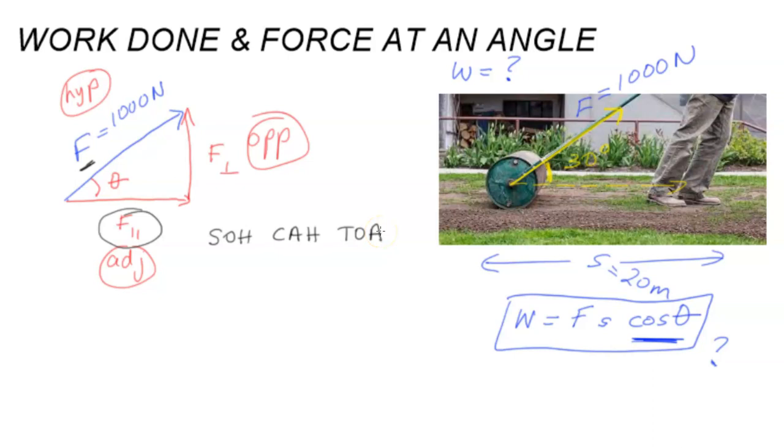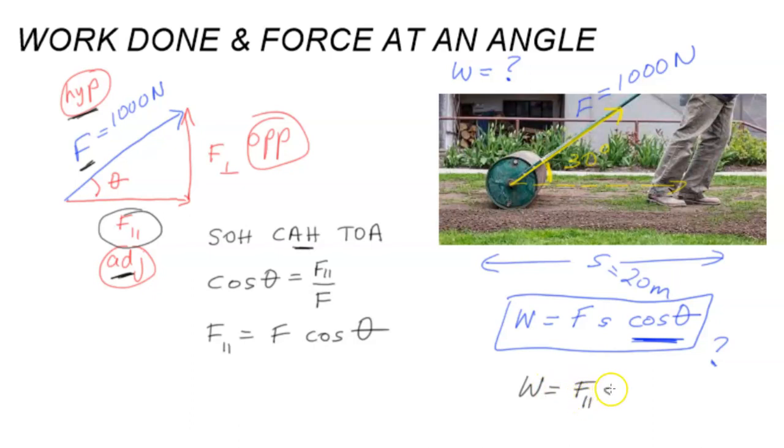According to our trig rules, we've got adjacent over hypotenuse, so that gives us cos. If we rearrange this, the other equation we had in the syllabus is that. So in this case, because we're at an angle, this replaces this, which gives us this equation here.